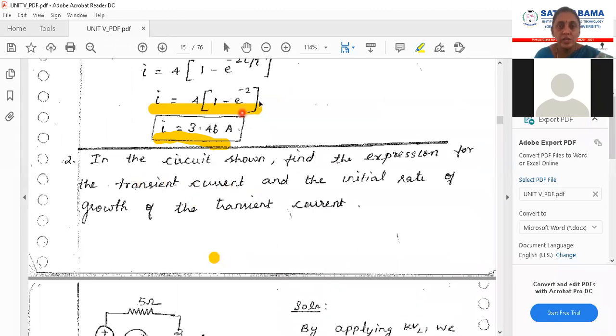Now next, in the circuit shown, they have given the circuit.